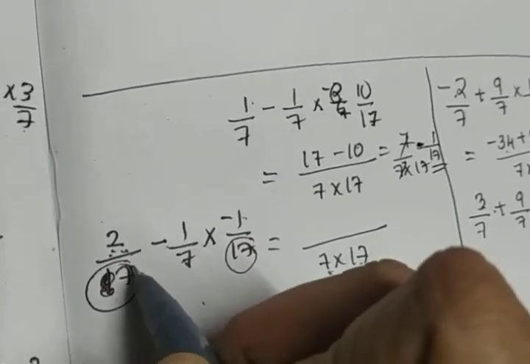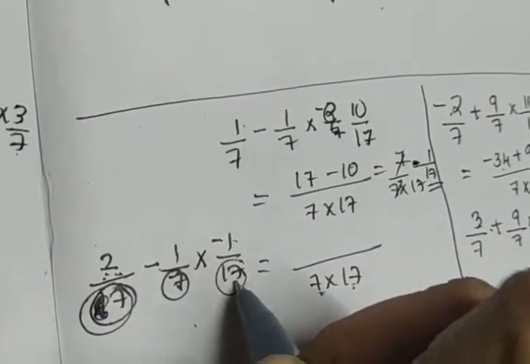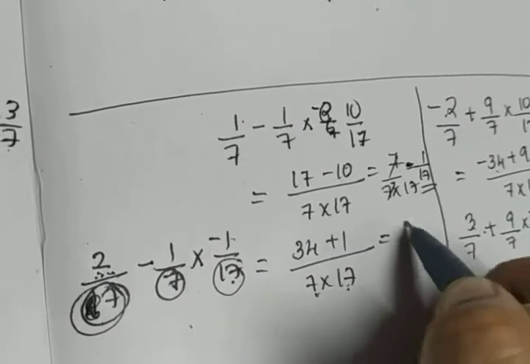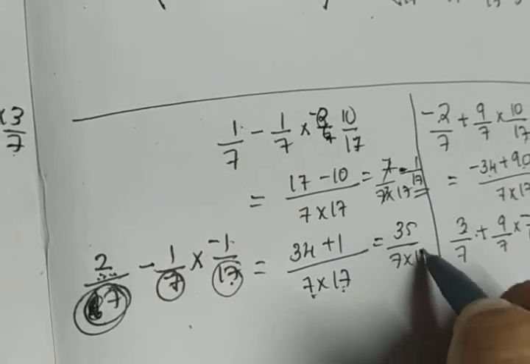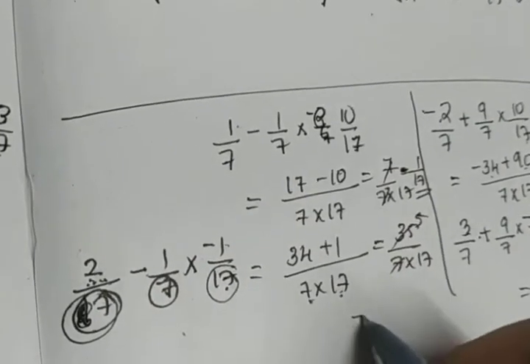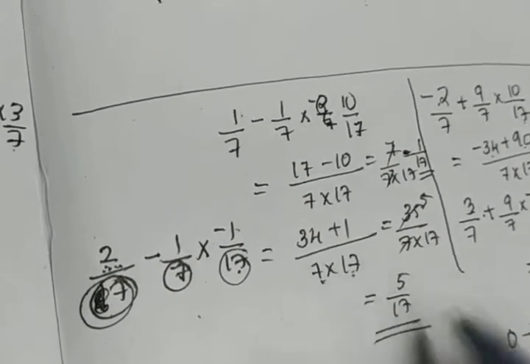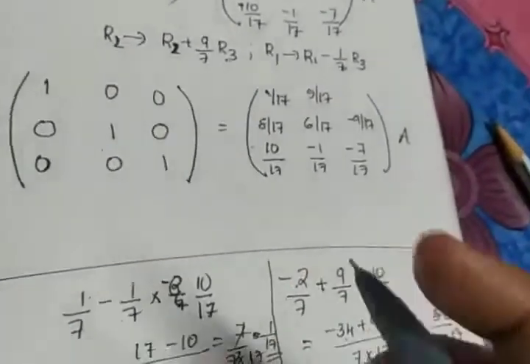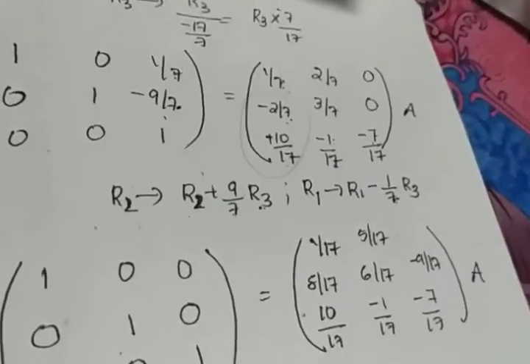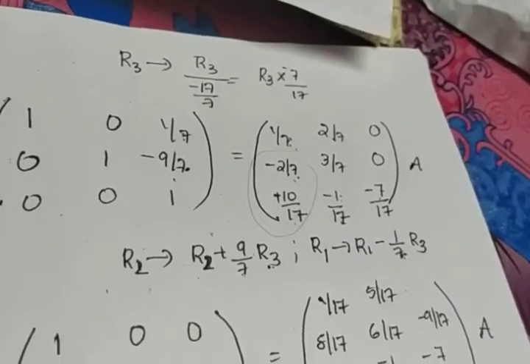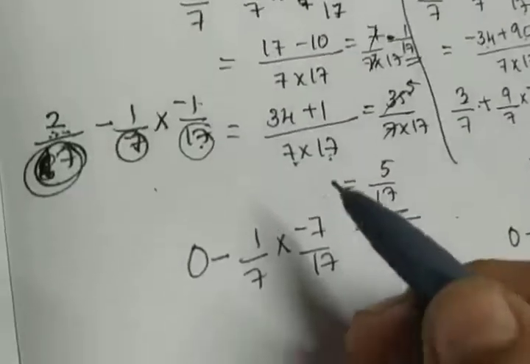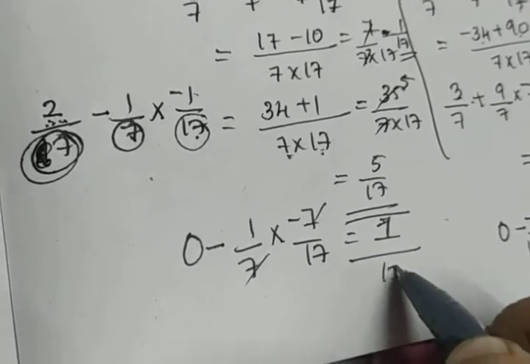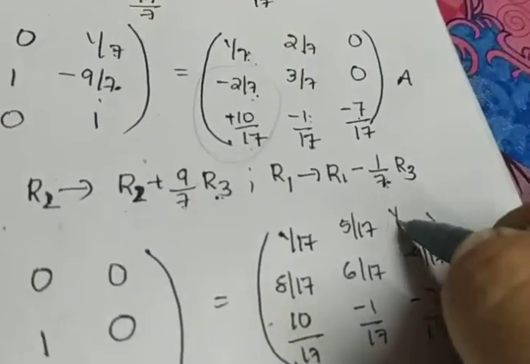When taking the LCM, it's 7 into 17. So 17 into 2 gives you 34, 34 plus 1, so we are getting 35 by 7 into 17. 7 times 5 is 35, and we are getting the value 5 by 17. So this term is 5 by 17. And the last one is 0 minus 1 by 7 into minus 7 by 17. So 7 gets cancelled, giving you 1 by 17. So this value is 1 by 17.